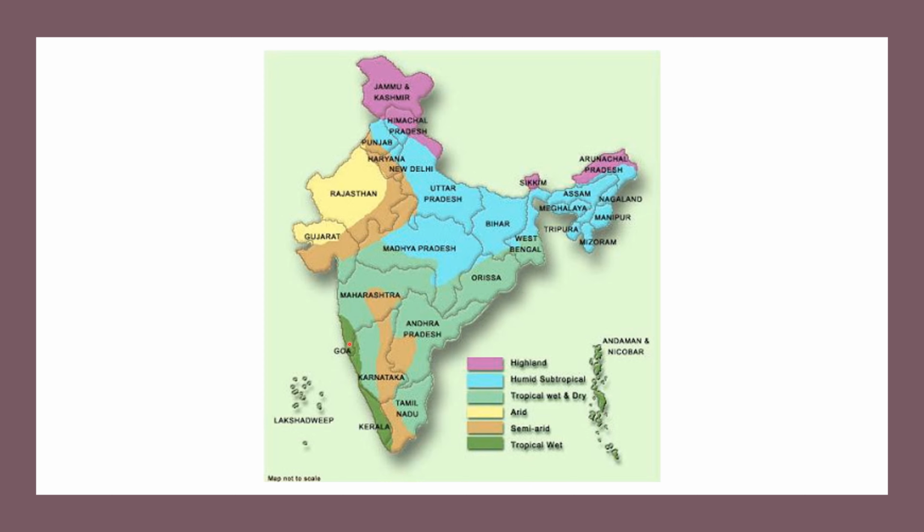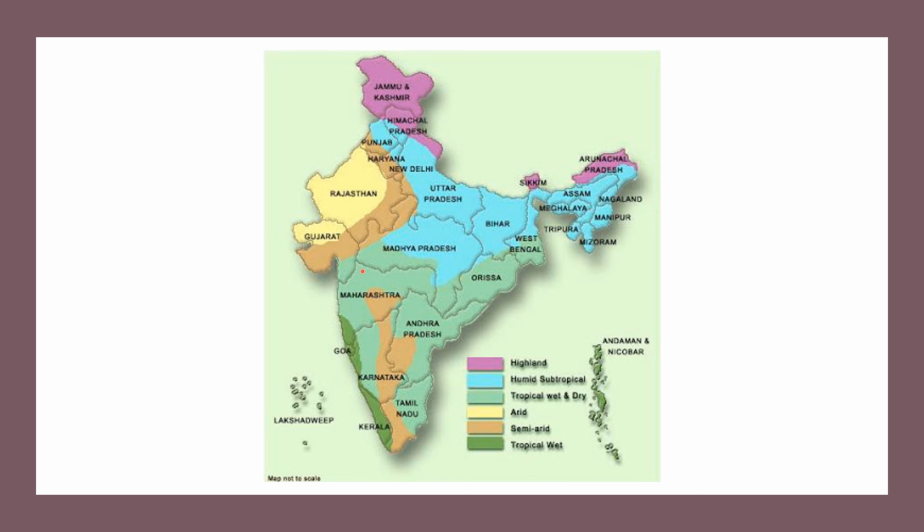The highest rainfall occurs in the western parts of the Western Ghats. The areas which lie in the rain shadow of the Western Ghats remain slightly semi-arid due to lack of rainfall.